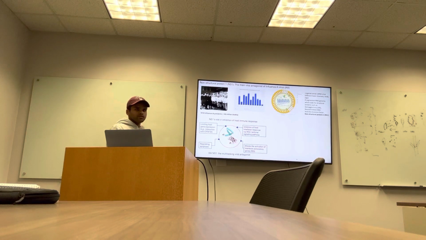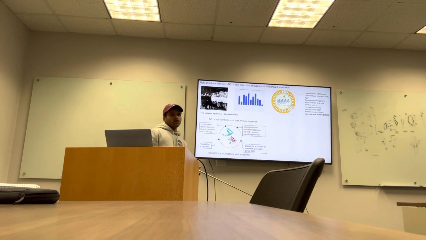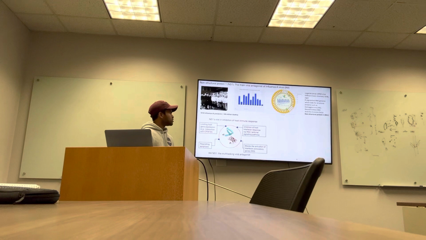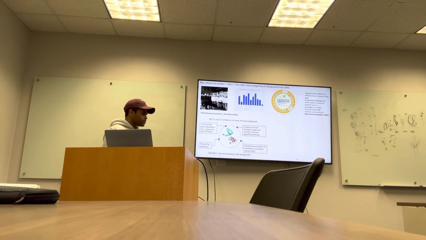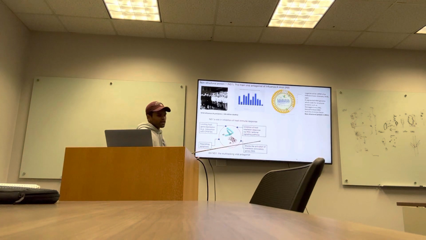But one of the key proteins is the non-structural protein 1, which is the main virulence factor of the virus. The NS1 protein inhibits the host innate immune response using a variety of strategies. For example, it interacts with one of the key viral sensors in the cytoplasm, known as RIG-I, to inhibit the signaling pathway.